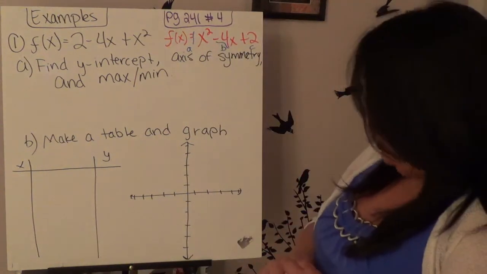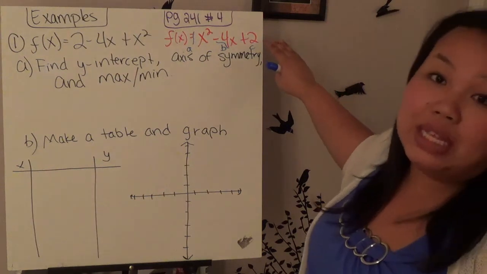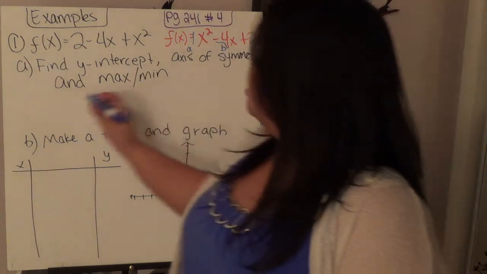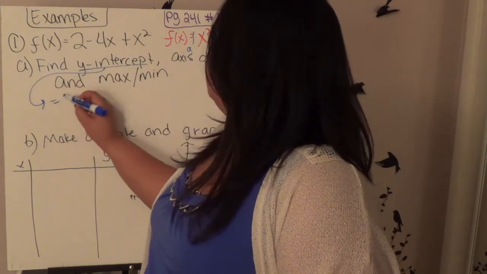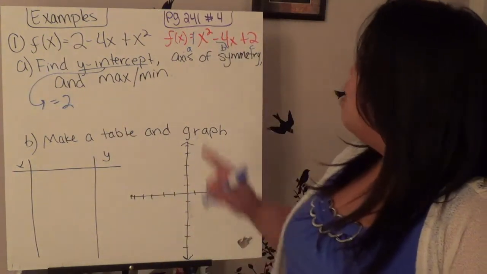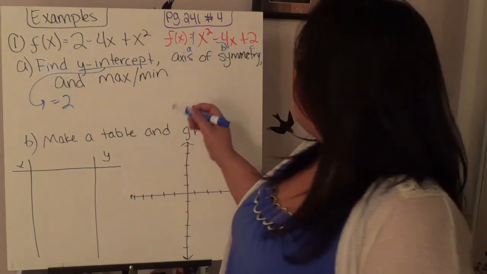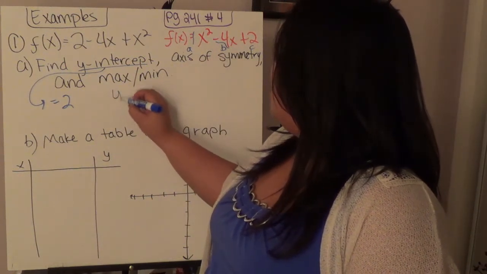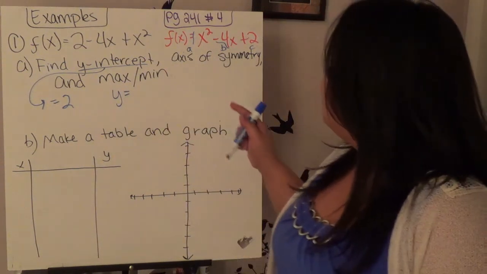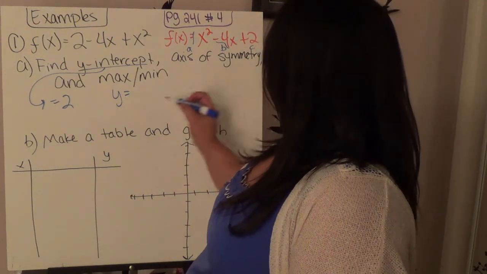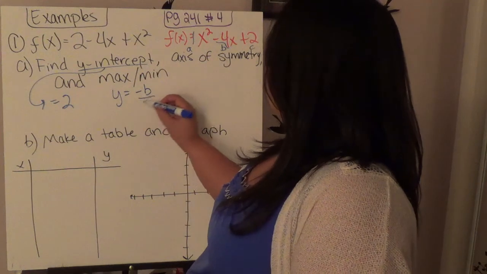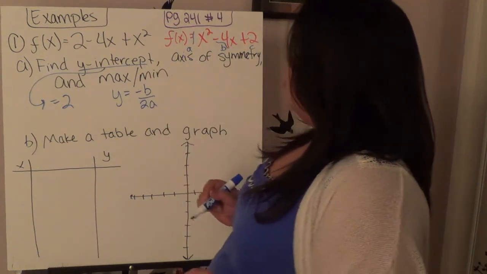So my y-intercept is basically my c, so that means my y-intercept right here equals 2, okay? My axis of symmetry, if you remember that equation, it's x equals negative b over 2a.